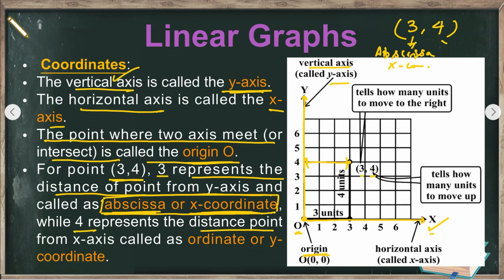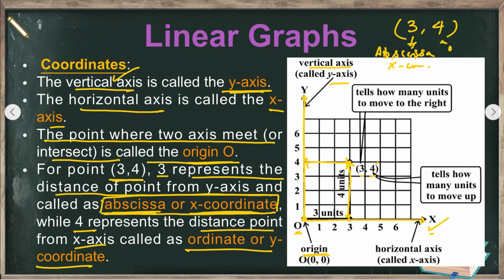The 4 represents the distance from the x-axis. The second number represents how much distance the point is away from the x-axis. So it is 4 units away from the x-axis, and it is called the ordinate, or the y coordinate.